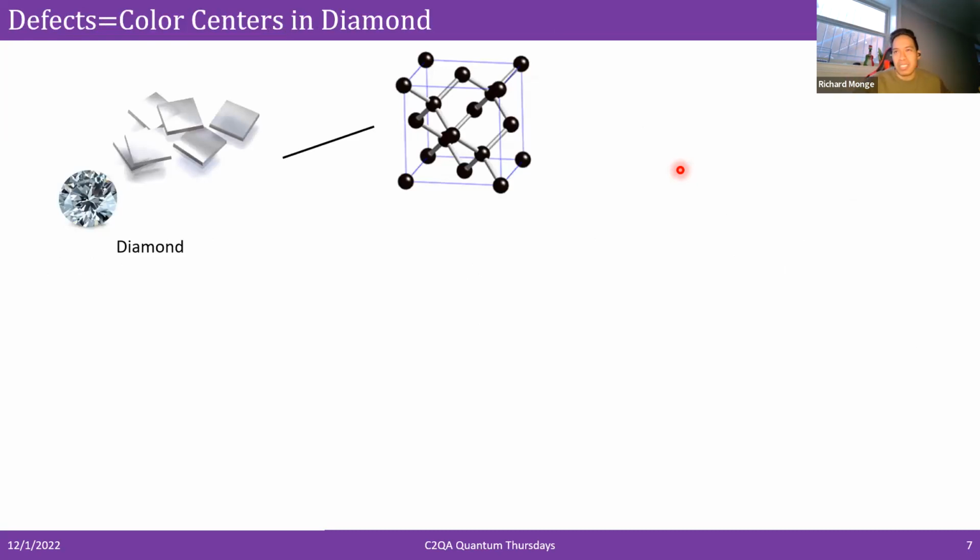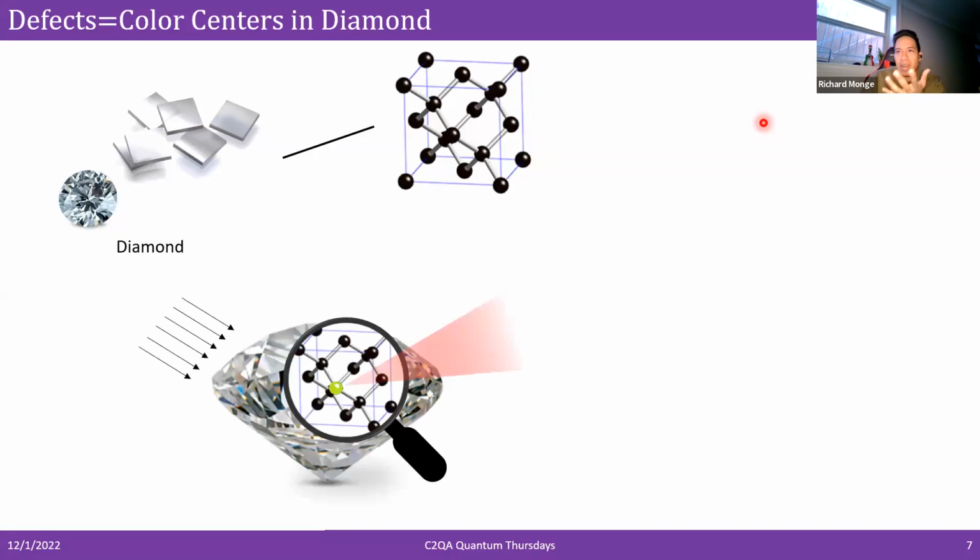And as most of you know, diamond is a wide band gap semiconductor, and diamond is made out of the carbon element. During the formation of diamond, you have these substitutional atoms or other complexes that emerge during the formation. You have these defects.